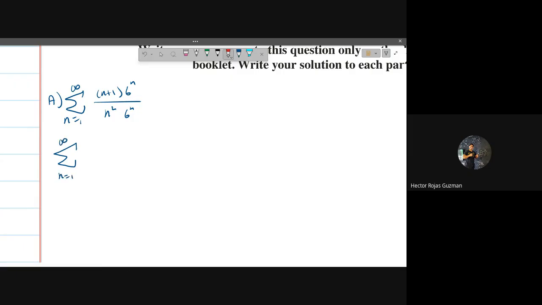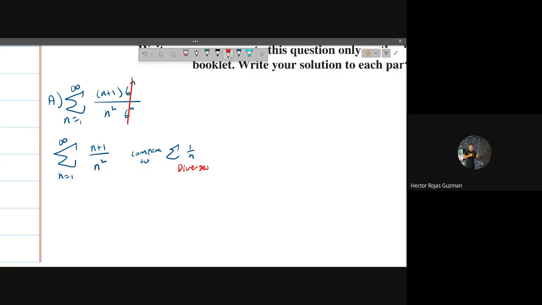Look, those cancel each other out, leaving you with n plus 1 over n squared. You have to check if it diverges or converges by doing a little comparison test. You can compare to 1 over n, which we know is a harmonic series, and it diverges.